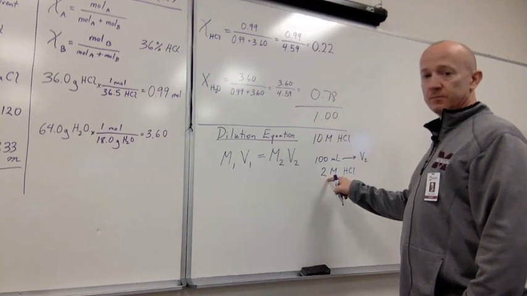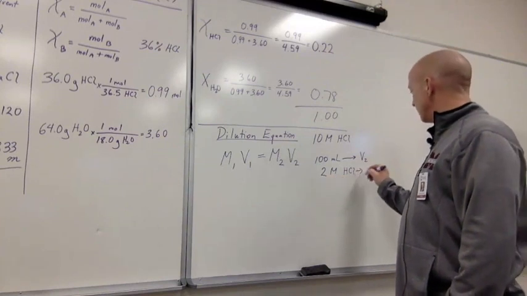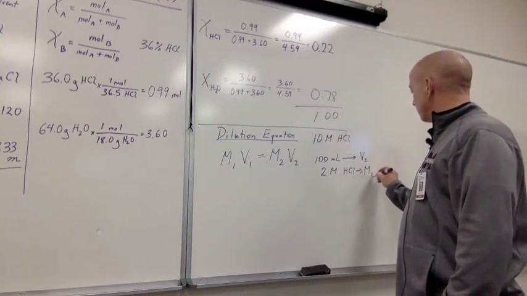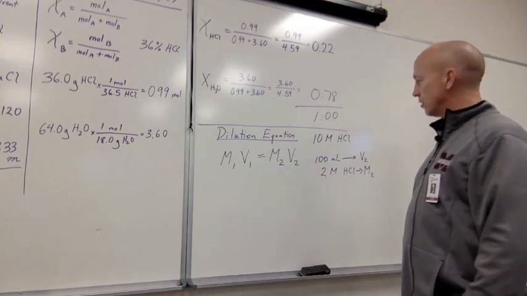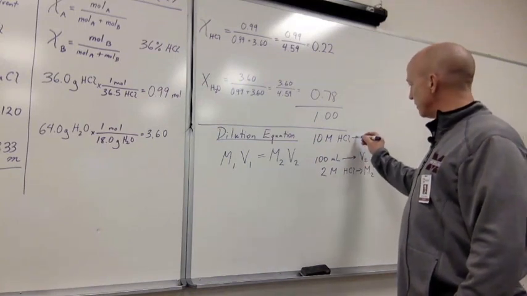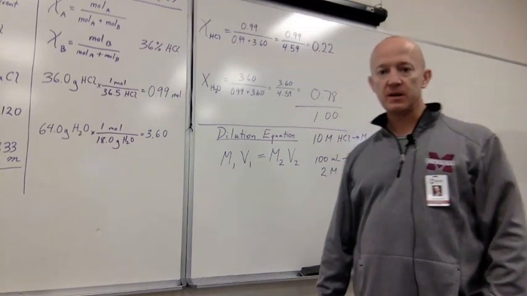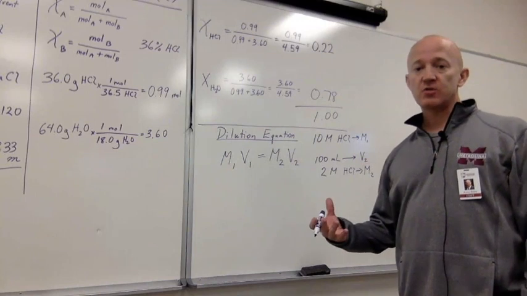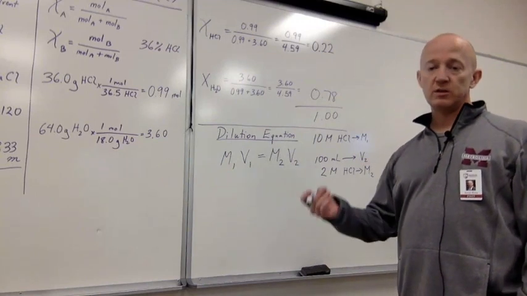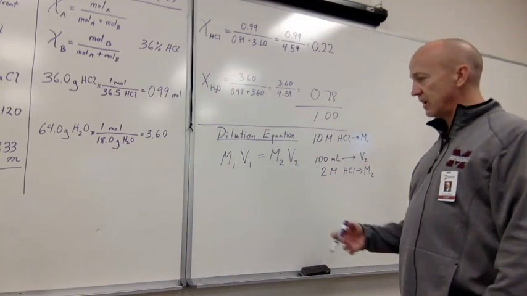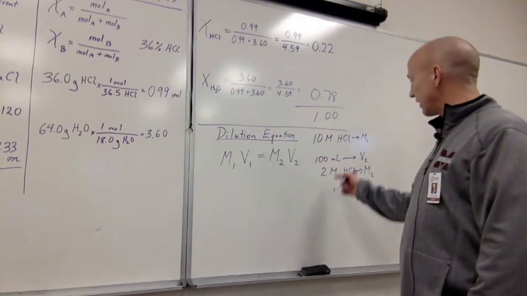My end game on concentration is right here. That's my M2. So what's my original concentration? Right here, M1. So the question would be, how much of the concentrated stuff do I need to use and dilute with water until I get 100 milliliters?